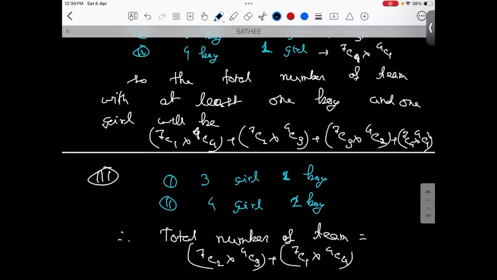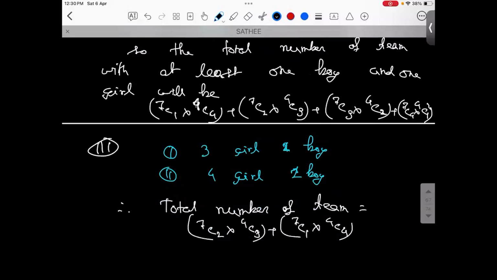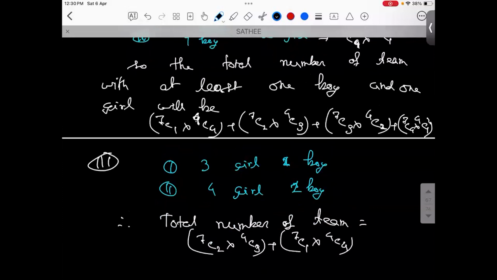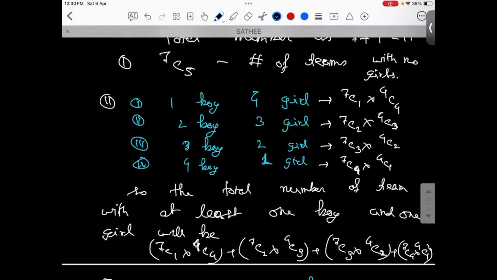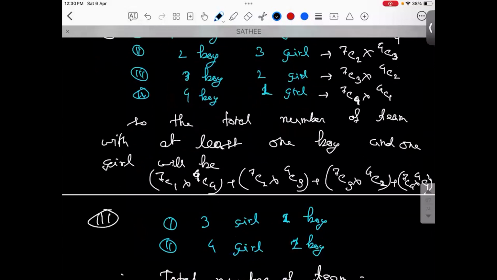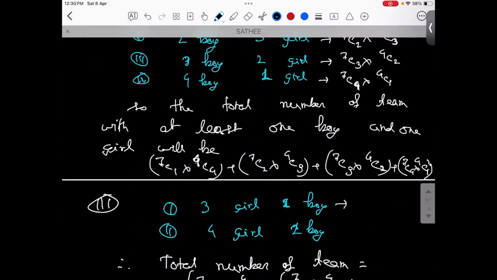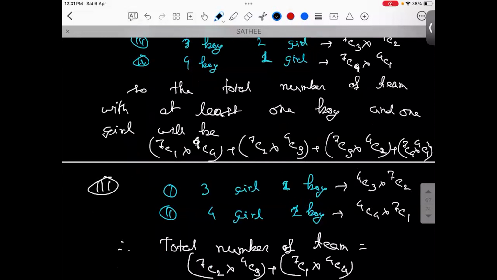So this is the number. And you can clearly understand why this number will be from the sub cases before. In this case the number will be 4C3 into 7C2. In this case, this will be 4C4 into 7C1. So we just added those 2 terms.